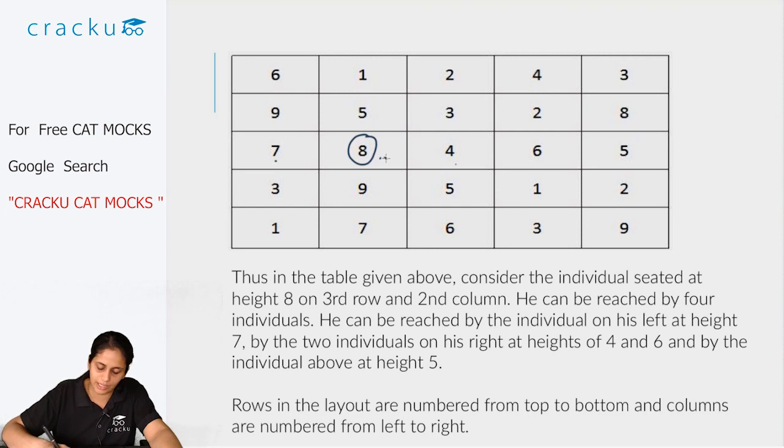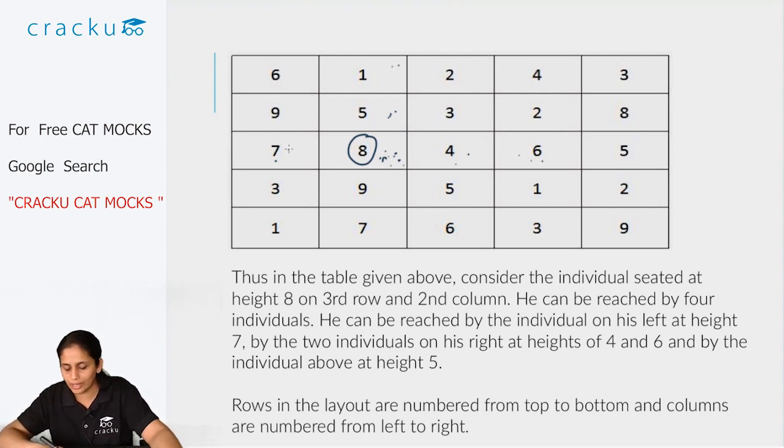So 4 can reach 8 because 4 is lower than 8. 6 can reach 8 because 6 is lower than 8, and in between 4 is there and 4 is lesser than 6. And 5 can reach 8 because 5 is less than 8. 1 can't reach 8 because though 1 is less than 8, 5 is taller than 1. 9 is greater than 8, so 9 can't reach 8.